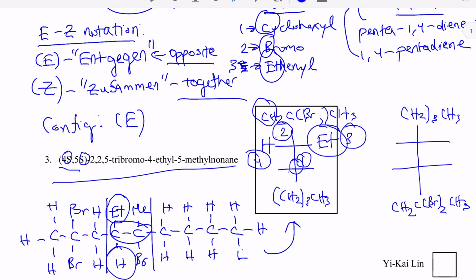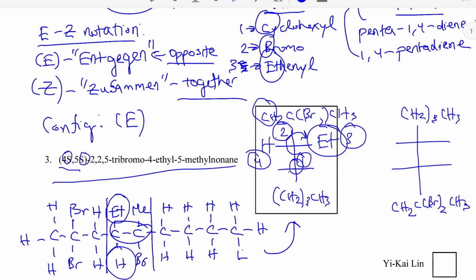Then we have to flip the configuration that we initially find when we just evaluate the direction in which groups 1 to 3 are going. So let me explain. When we go from our chosen priorities, 1, 2, 3 in this direction, we're going in a clockwise direction.